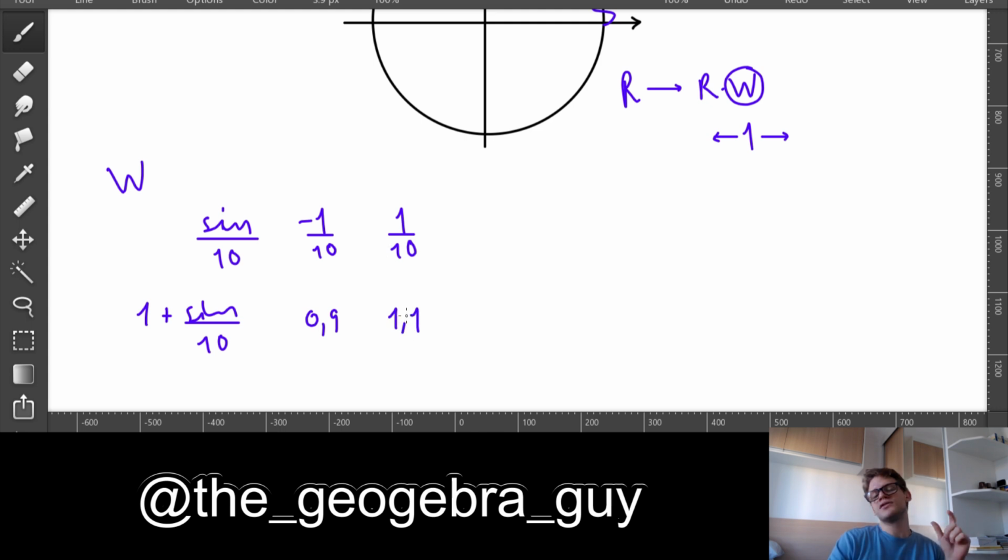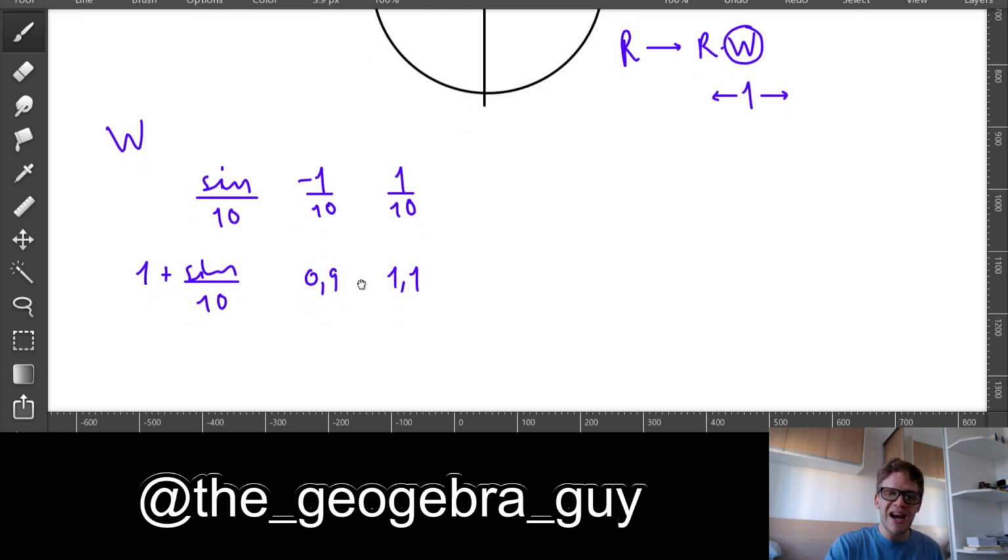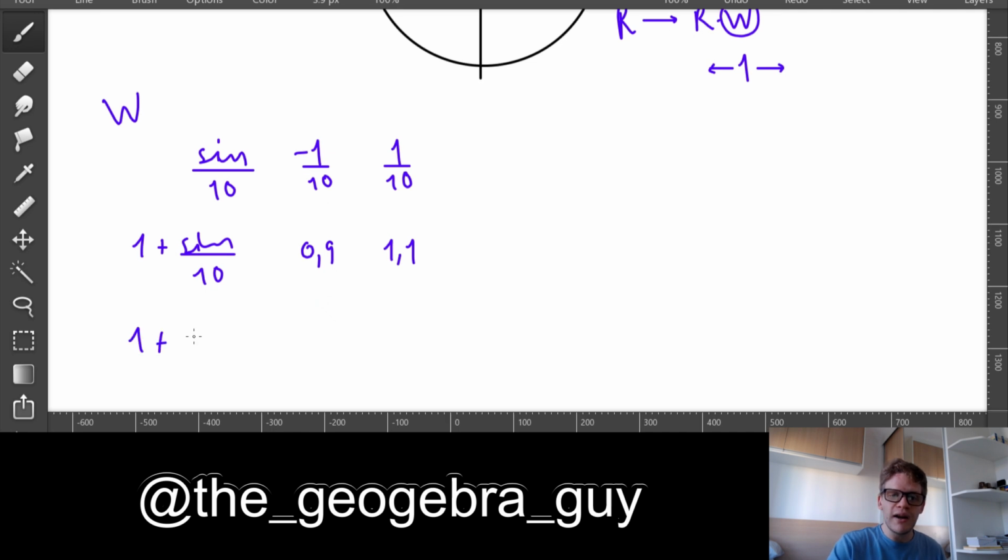So if we want to adjust this amplitude of oscillation, we just substitute this 10 by a slider that we call a. So this is gonna oscillate between 1 plus 1 over a and 1 minus 1 over a, alright?